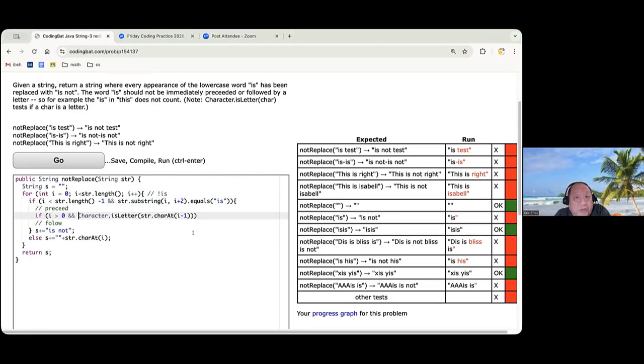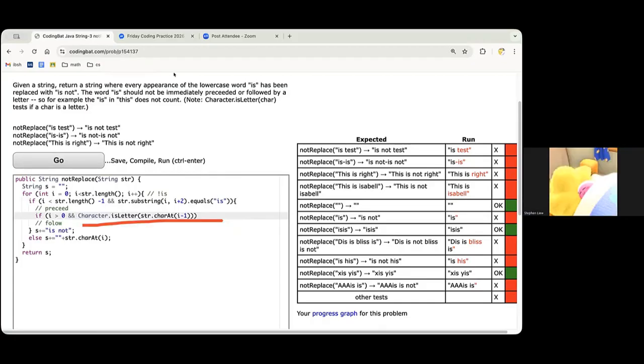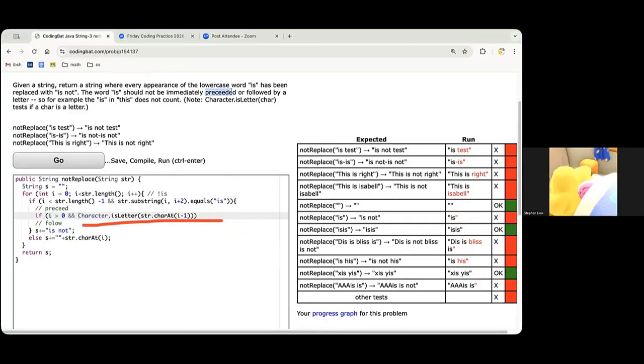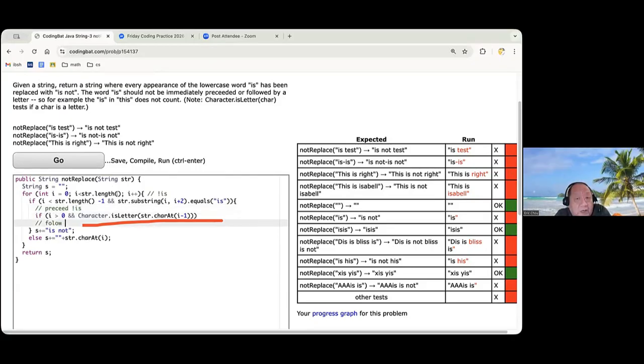Why do you need to check the previous character? Isn't that for the preceding case? Oh, like the following. Wait, no. Because precede is like if you have some random non-letter thing, right? You have to check for this one, right? Or is that following? I don't need to check that one. Your algorithm has some problem.